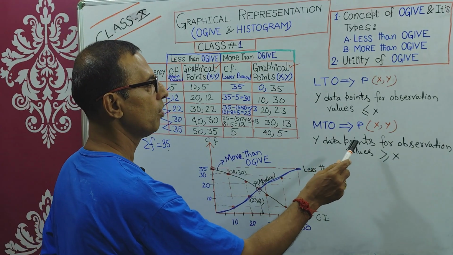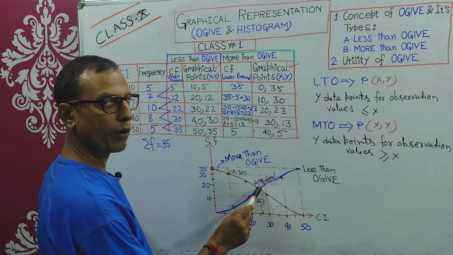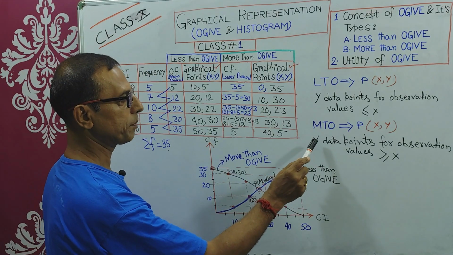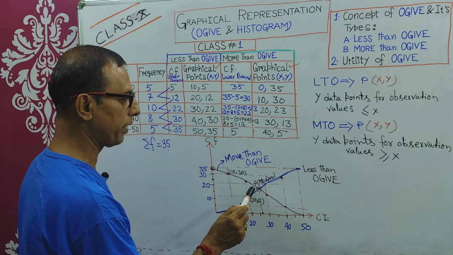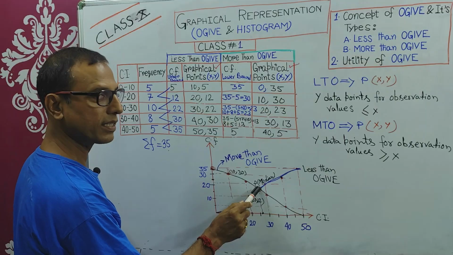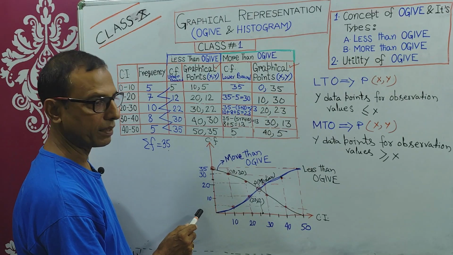That means when we say y data points with respect to less than ogive, for observation values less than or equal to x, it is considering the left side of that point.